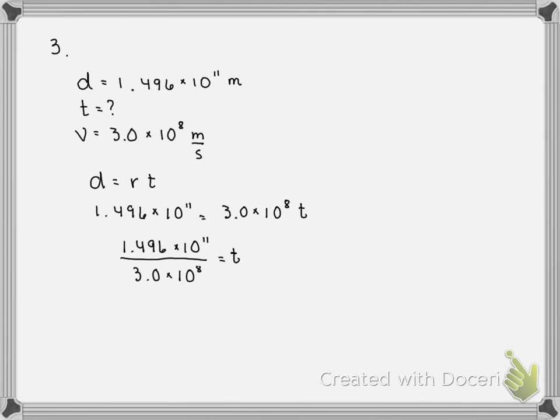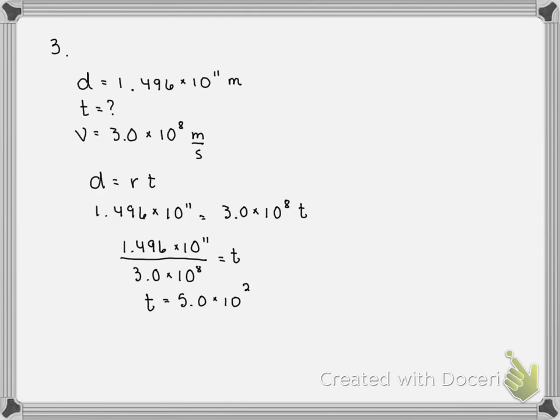Okay, so once we do that division and we adhere to our 2 significant digits, we get that the time is 500 seconds, which is 5.0 times 10 to the second. Okay, but that's not very helpful. 500 seconds isn't very helpful.